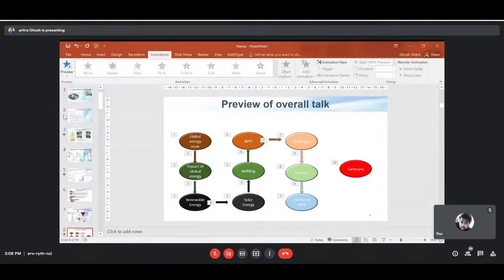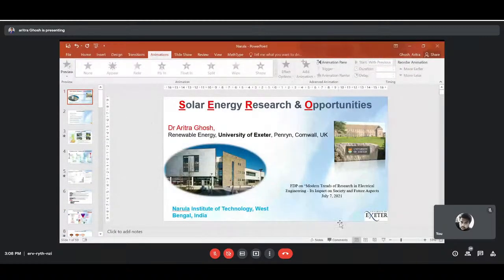Can we make it slide presentation mode? Then it will be a big screen. Press F5, I think it will be full screen.